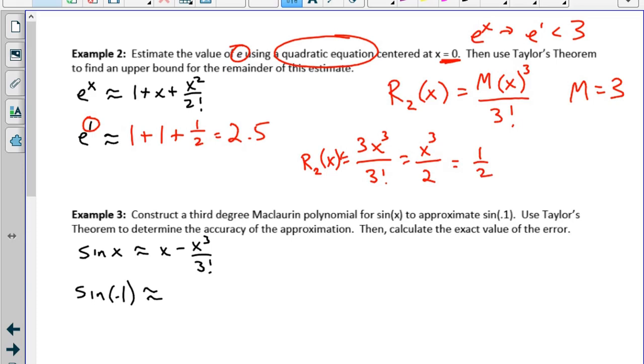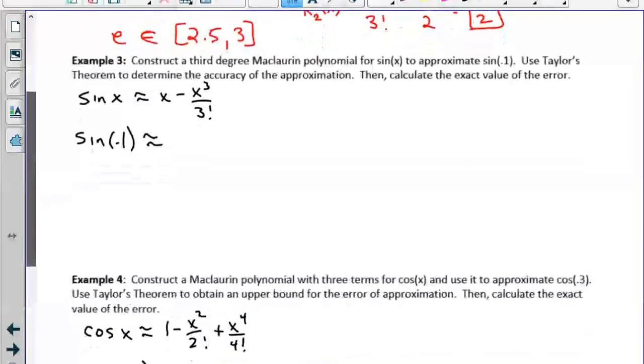So my maximum remainder is 1/2, which is correct because e is definitely between 2.5 and 3. Now, if I wanted to write an interval, e is definitely in the interval 2.5 to 3. And we know that it's about 2.71828.